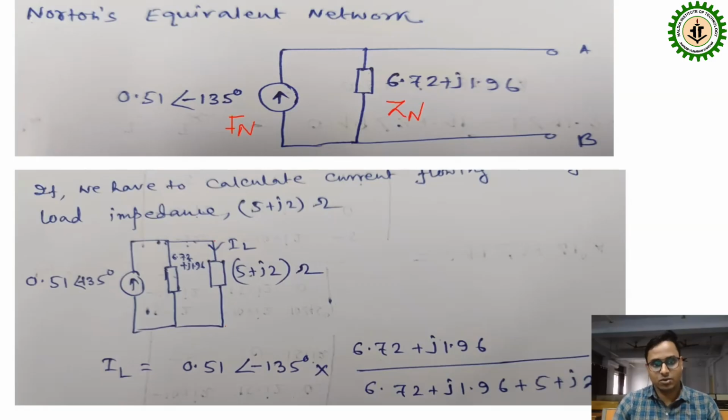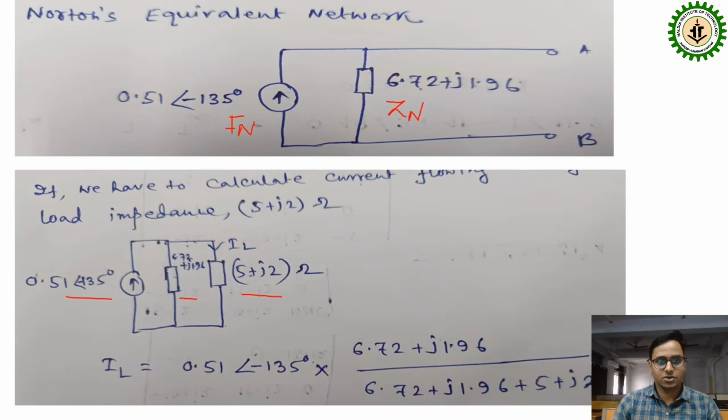So here again, I am drawing the Norton's equivalent circuit. This is the Norton's current source, this is the Norton's impedance, and this is the load impedance. Here, by applying the current divider rule, I can easily calculate the load current.